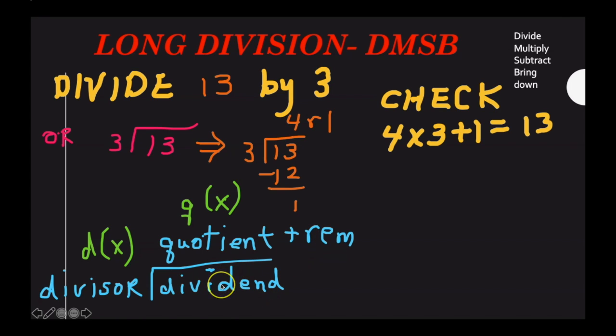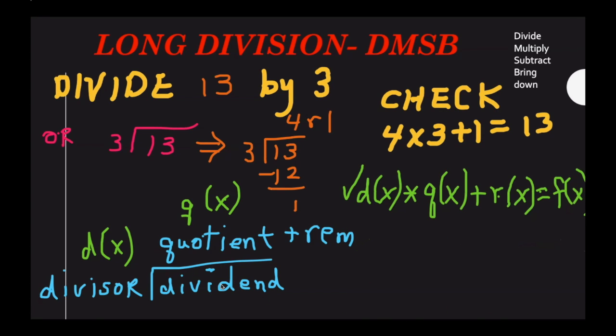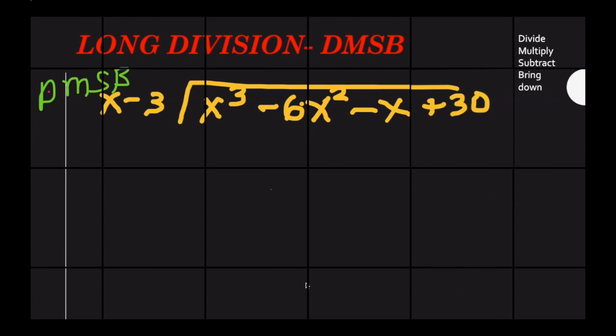And dividend, we would call that f of x. So that says when we check this, just like this simple problem above, the divisor times the quotient, d of x times q of x, plus the remainder with an x in it, is equal to the dividend. And that's what we're practicing here.